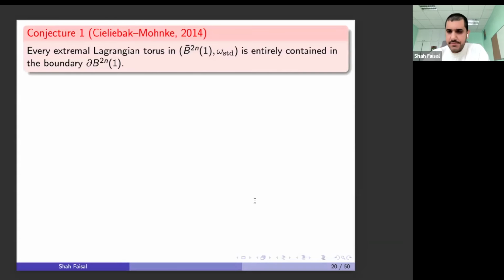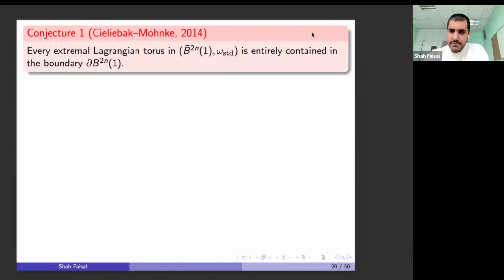Cieliebak and Mohnke put forward three conjectures about extremal tori in their paper. The first one is that in the unit ball, every extremal Lagrangian torus lies completely on the boundary.